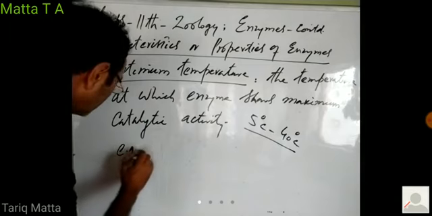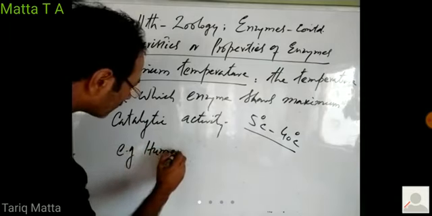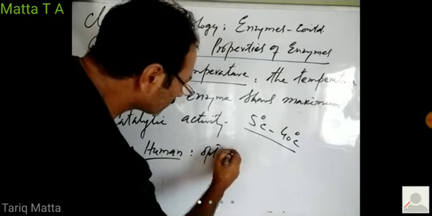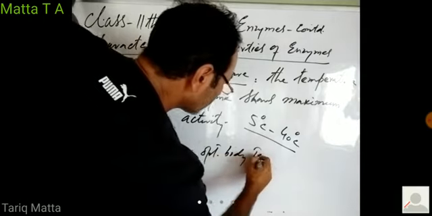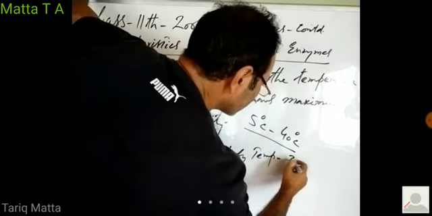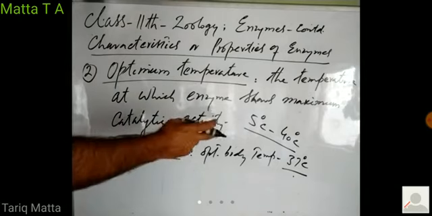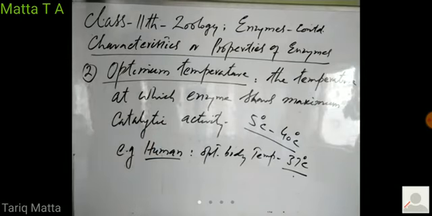For example, in humans the optimum body temperature is 37 degrees Celsius. So our enzymes work best at 37 degrees Celsius, because the optimum temperature of enzymes mostly corresponds with the optimum body temperature of the organism.